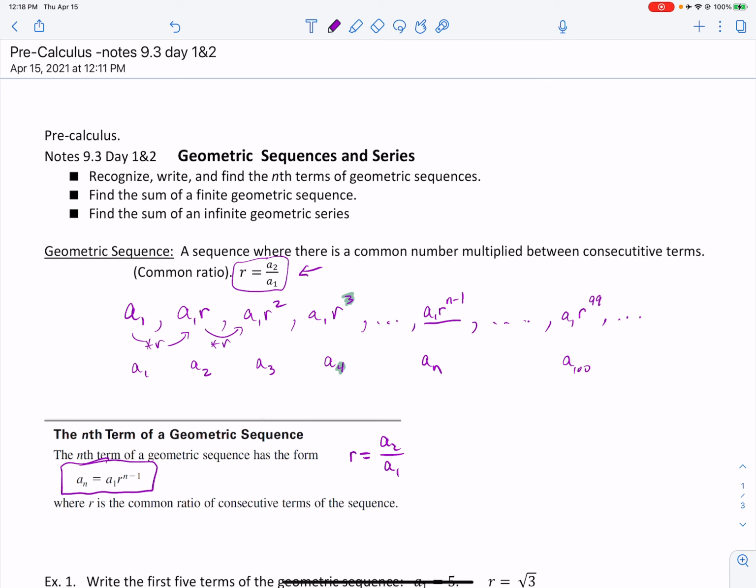You're not subtracting like in arithmetic, you are dividing to get that common ratio. Since you are multiplying by r, you can get large or small really quickly. You'll get larger if r is greater than 1, but if r is between 0 and 1, you can get small really quickly.